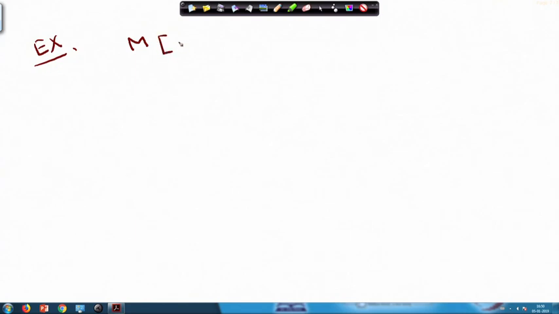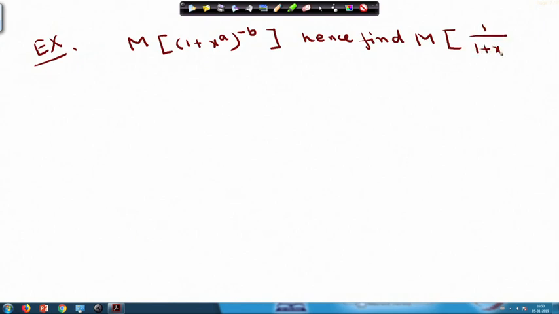We want to find out the Mellin transform of 1 plus x to the power a, to the power minus b, and hence we want to find the value of the Mellin transform of 1 by 1 plus x square.